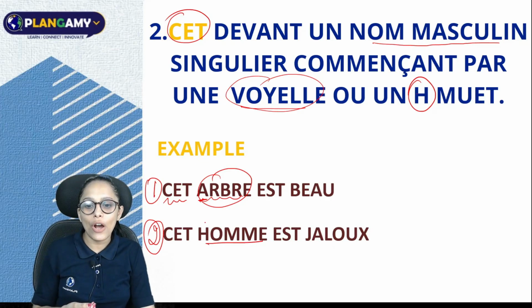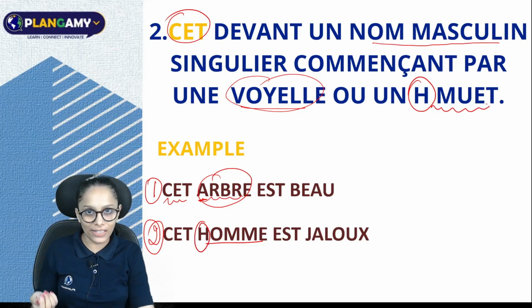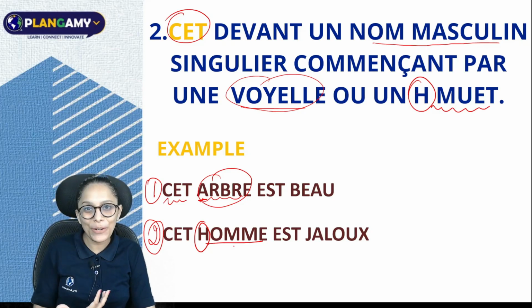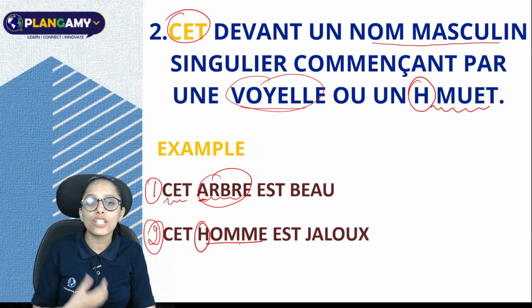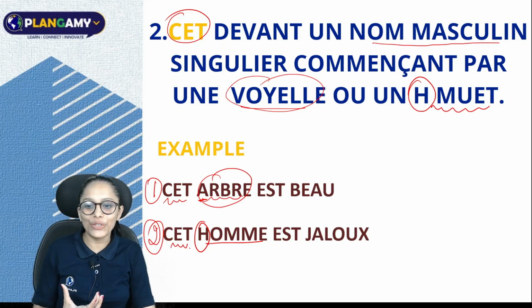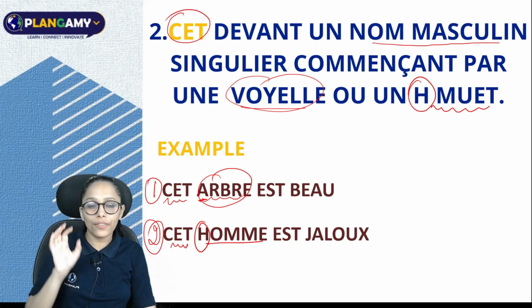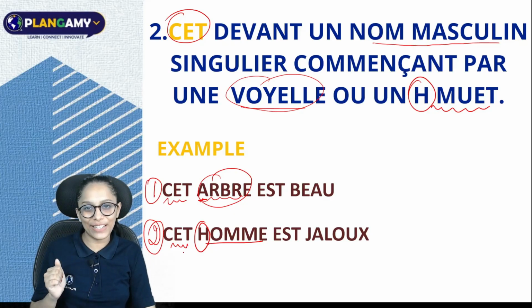So here the H is our H mute, silent, and here we are talking about only one homme, that is only one man, and it is masculine. So this man is jealous. So we have used here cet. I hope that the concept of ce and cet is clear to you.